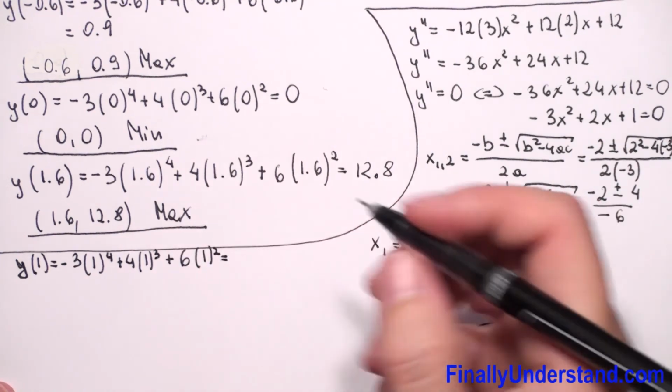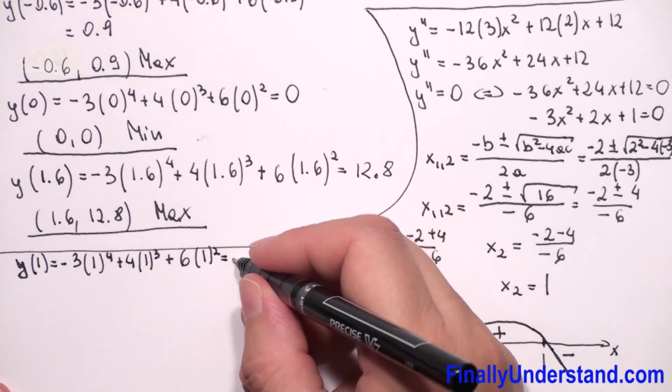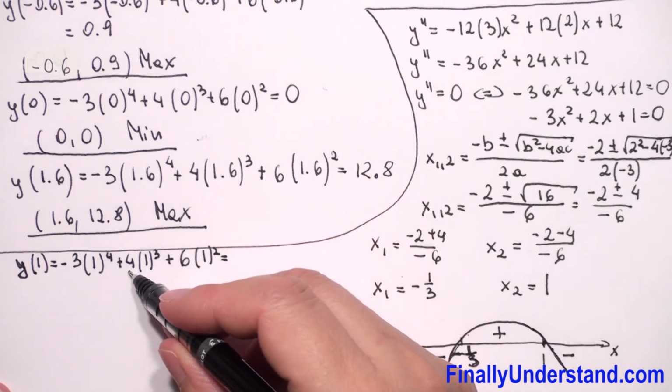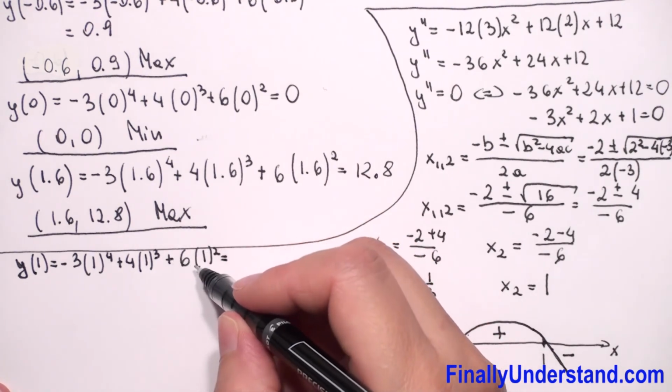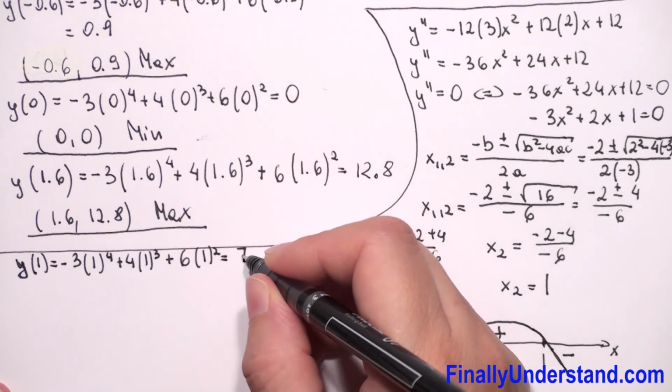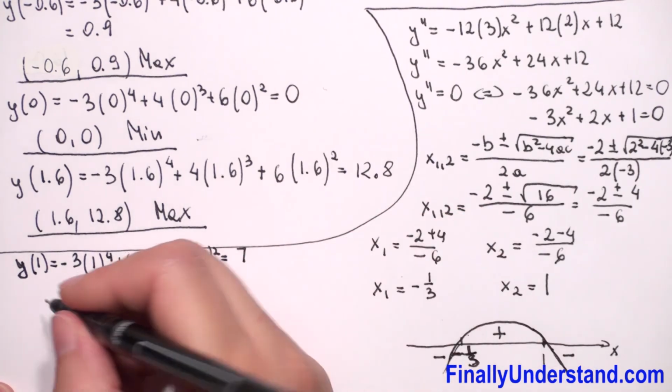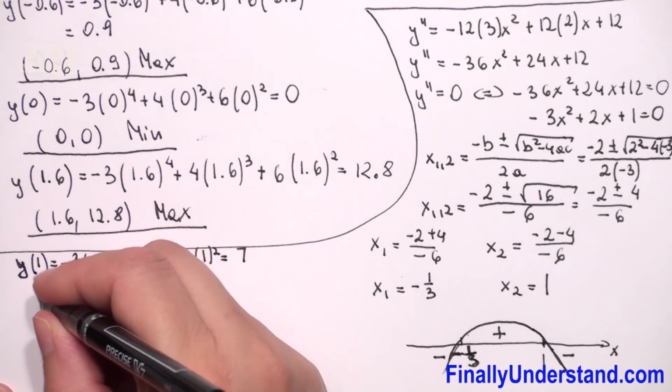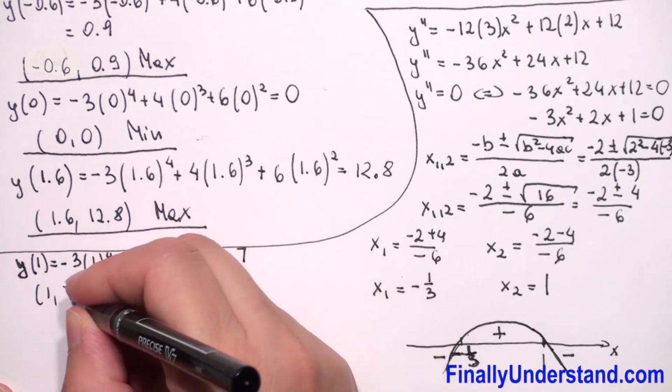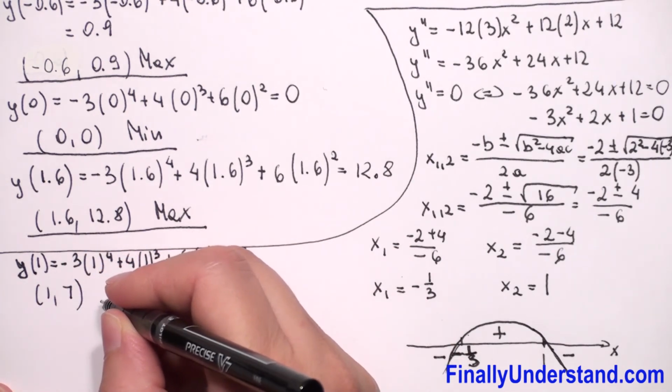This is equal to negative 3 plus 4 is 1 plus 6, 7. So we have the first inflection point, 1, 7. This is our inflection point.